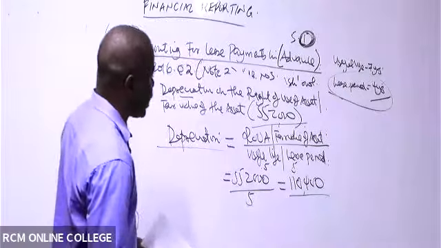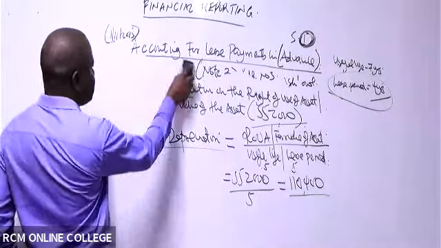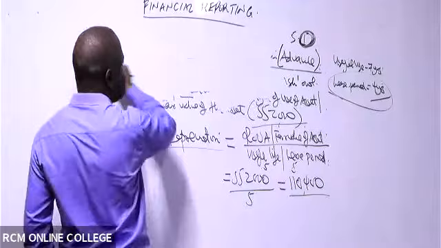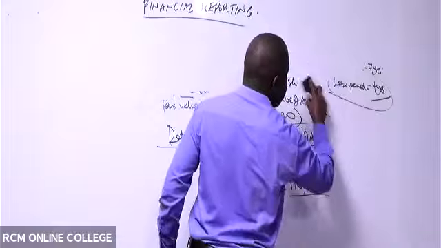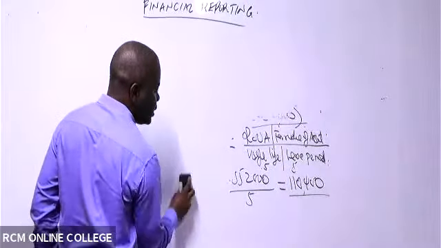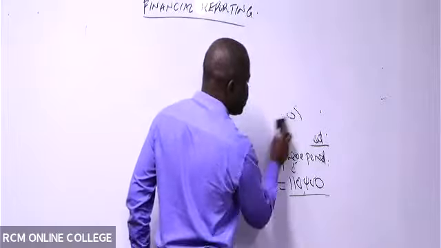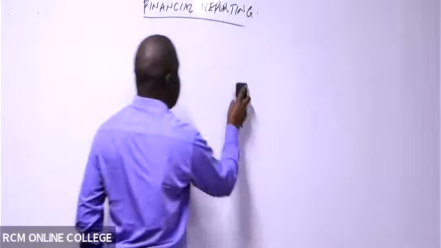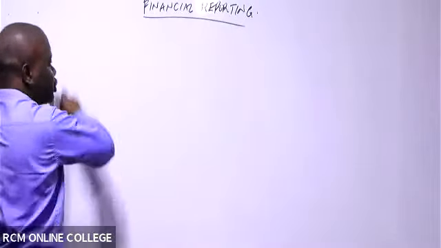Let's move to step number 4. Those figures, you'll be able to get them easily from the amortization schedule.